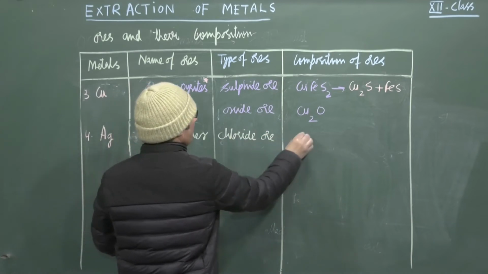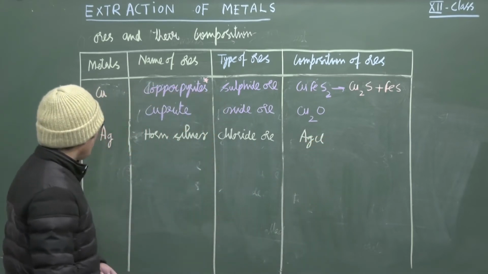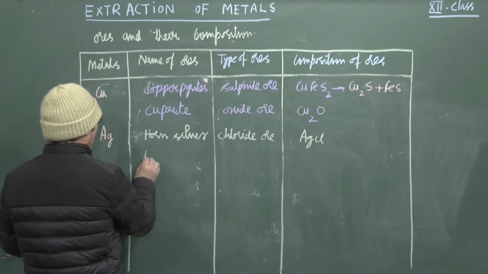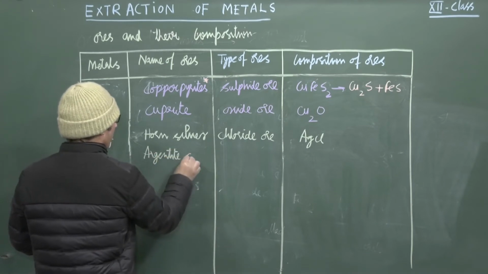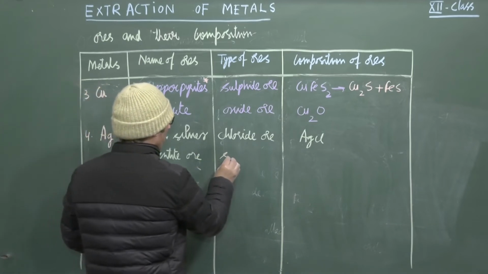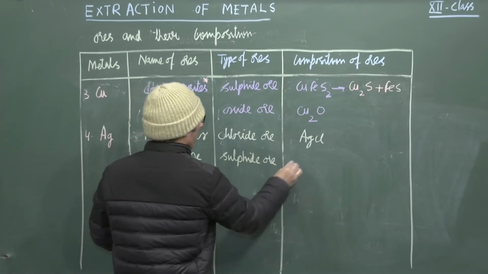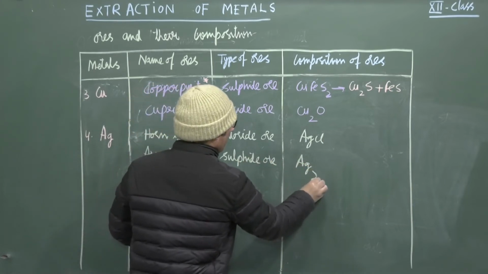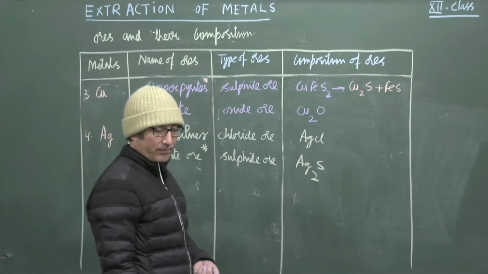Here, silver is present as silver chloride. The second one is the argentite ore. This is the sulfide ore, where silver is present as silver sulfide, and this is the principal ore.